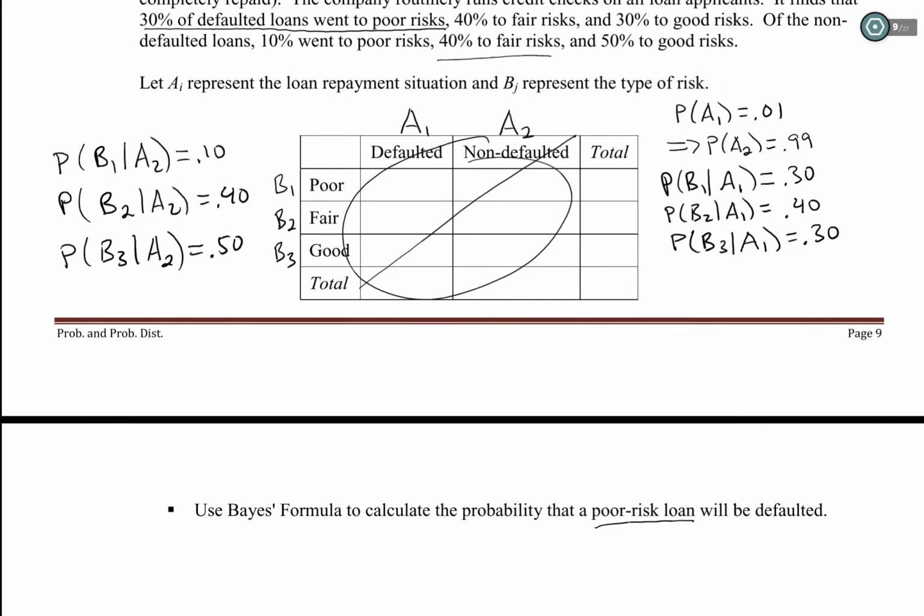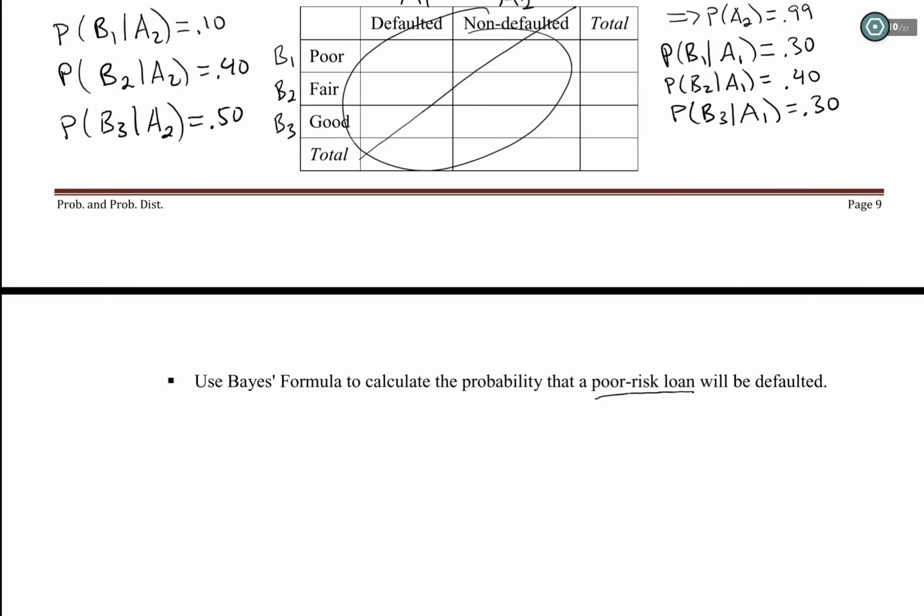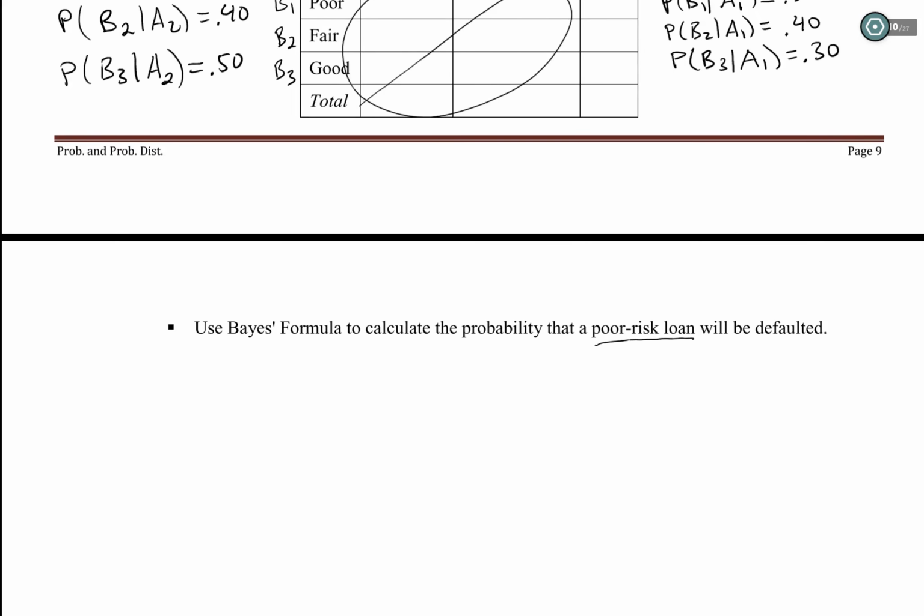With that in mind, and the notation set up, in this example I want to calculate the probability that a poor risk loan will be defaulted. What am I given? I'm given that the loan is a poor risk loan. That is, I have that extra knowledge that this particular applicant is a poor risk.